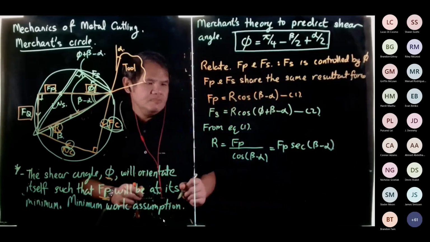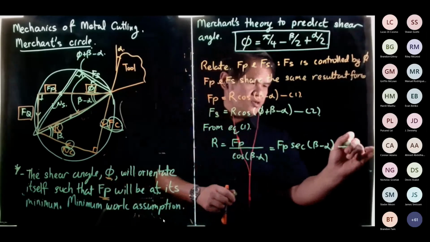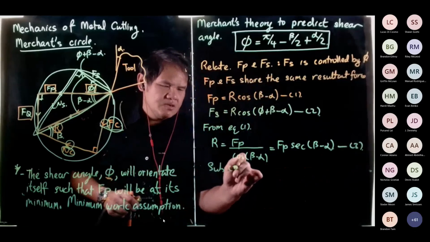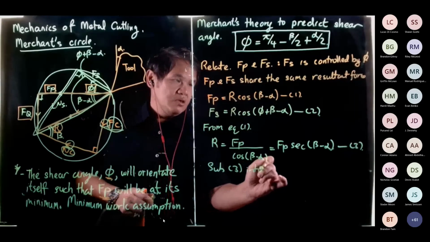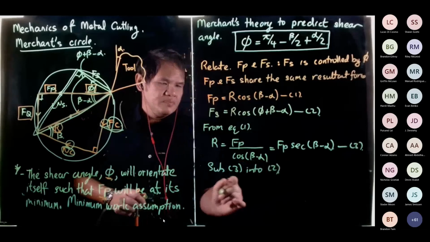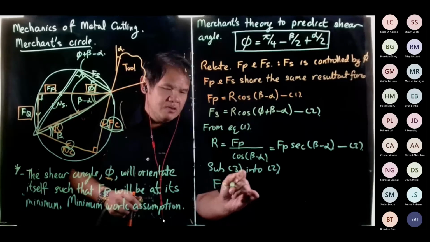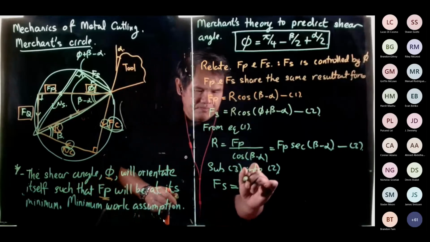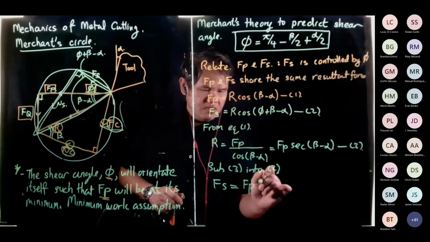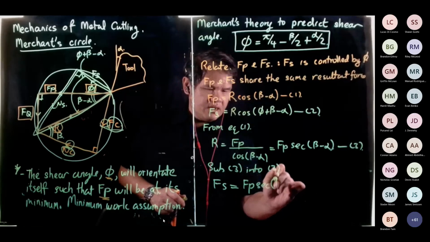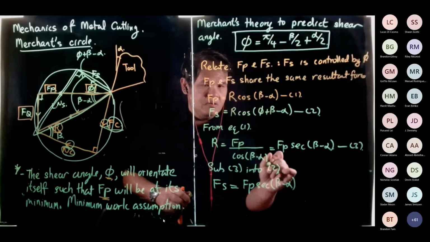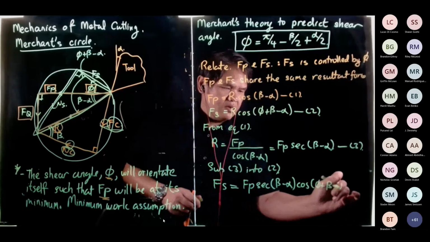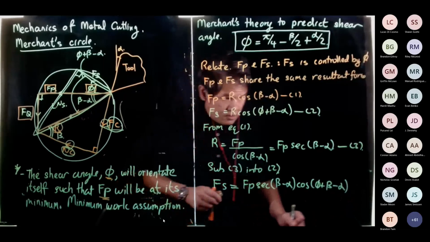Okay. So equation number 3. So we can substitute 3 into equation number 2, right? So we have Fs is equal to Fp secant beta minus alpha cos phi plus beta minus alpha. Okay.